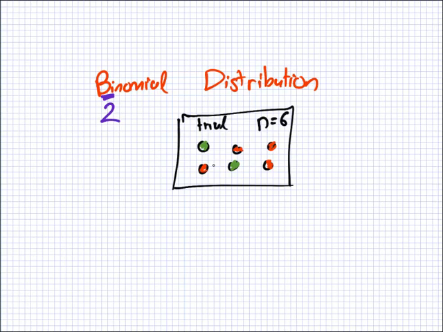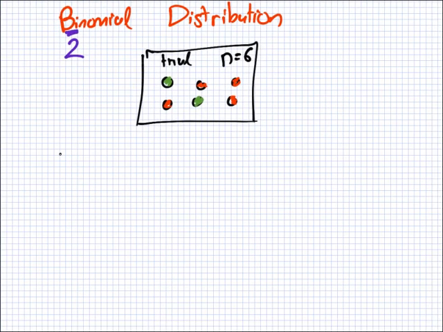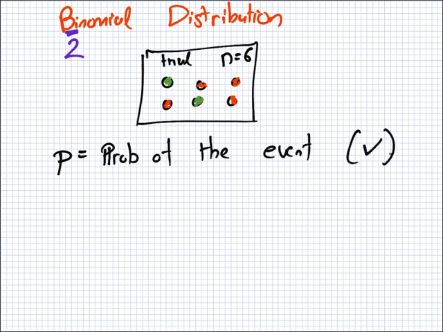Before we give you the formula, I'll just give you some terms. P here is the probability of success, or heads, or whatever it is in the question. So I'll just write here the probability of the event, which is usually something like a success, or heads, or yes, or whatever.